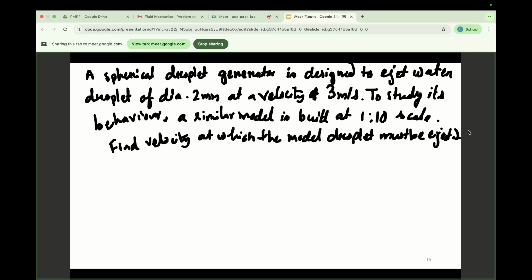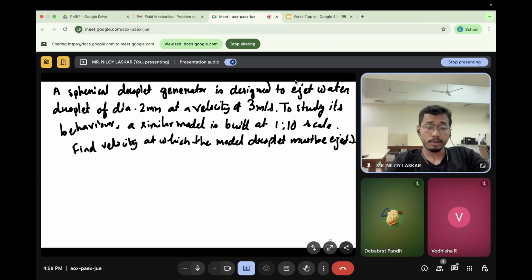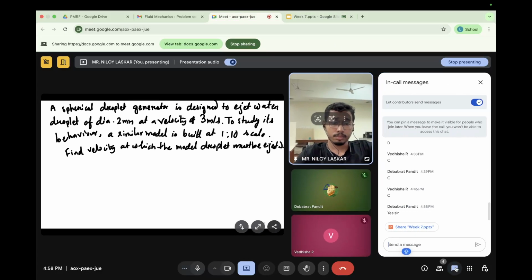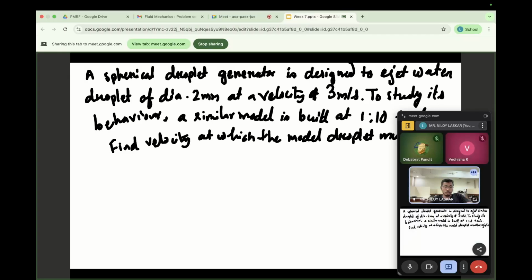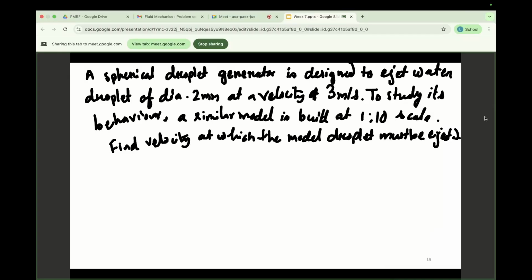Ejected. So do you understand the question? So in this question, what basically is given? So I am showing you this. How to solve this one?